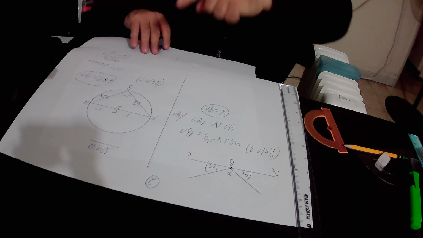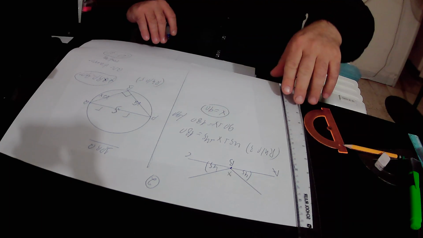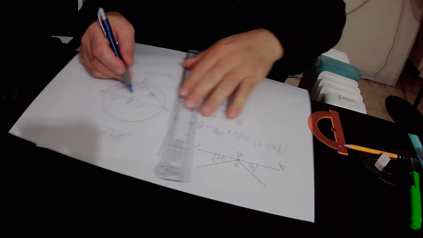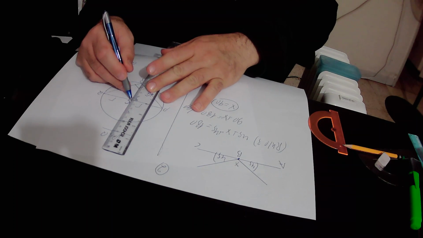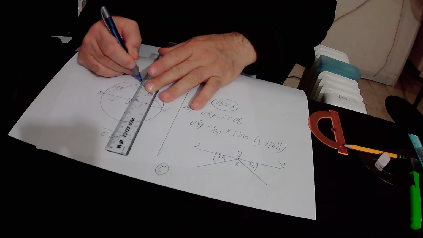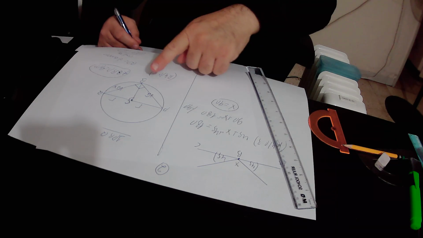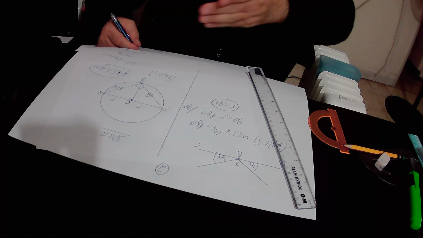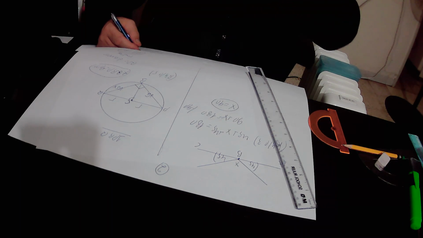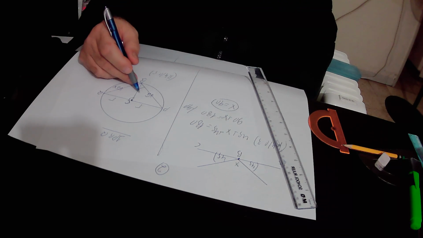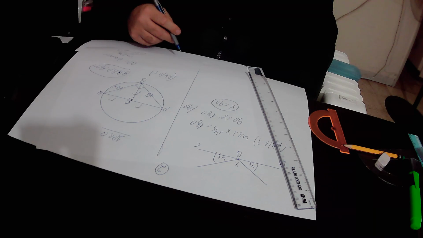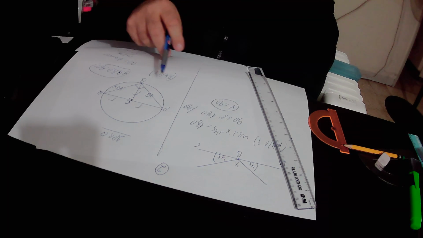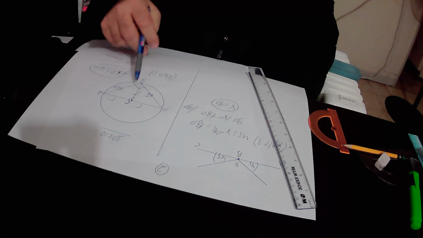In the next step, we'll join points S and B together by a straight line. Point S is the center of the circle, point B is on the circle itself, therefore SB is the radius of the circle that equals R. In conclusion, we found out that PS equals SQ equals SB.